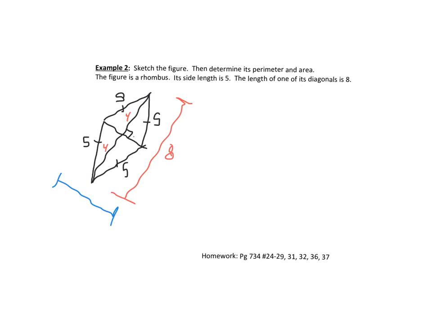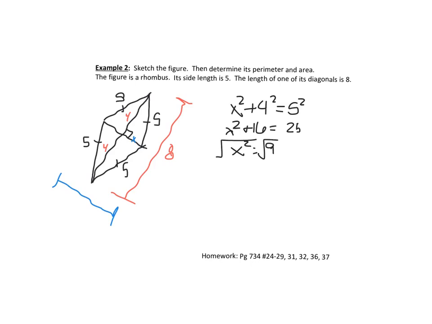So that is my X right here. I have two side lengths, so you do a squared plus b squared equals c squared. So x squared plus 4 squared equals 5 squared. X squared plus 16 equals 25. Subtract 16 on both sides, so x squared is equal to 9.